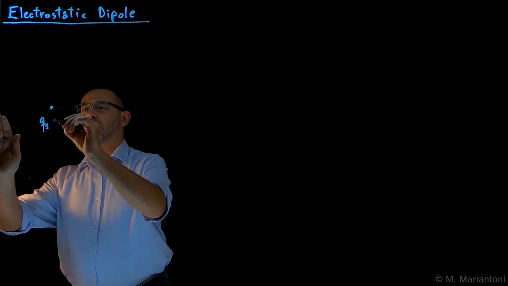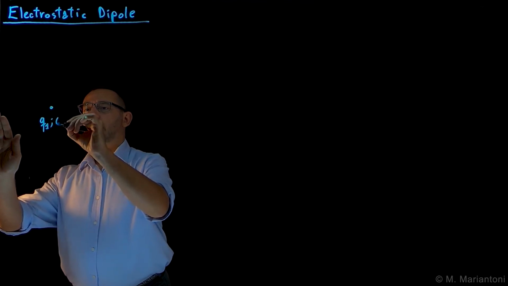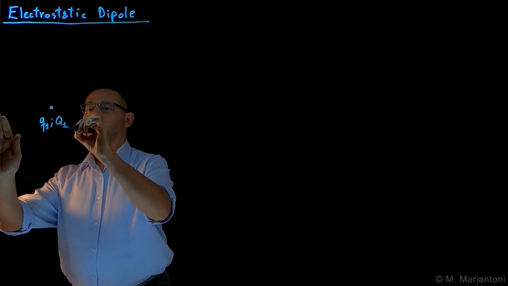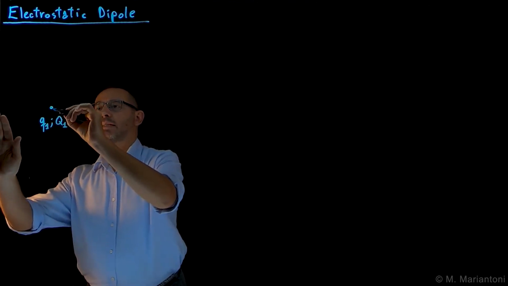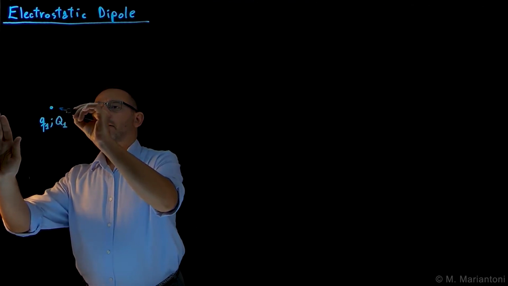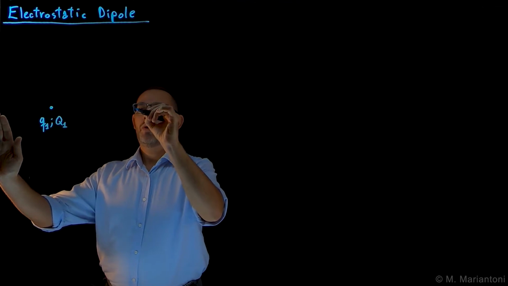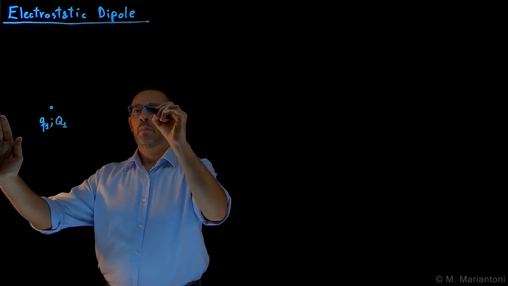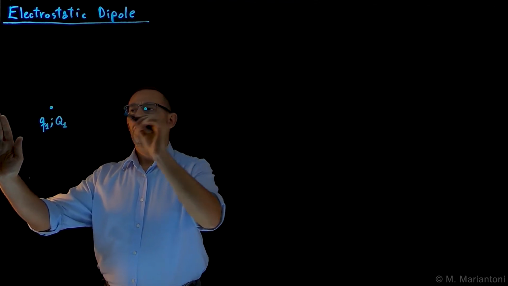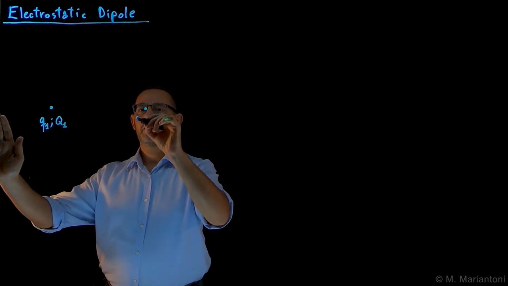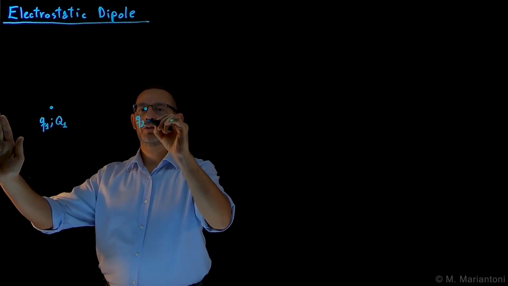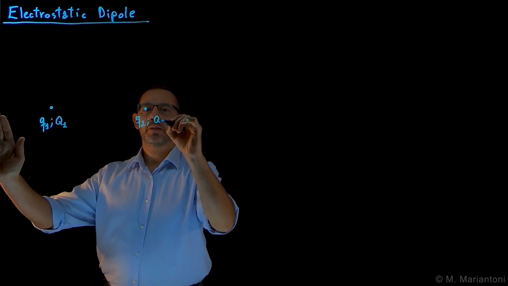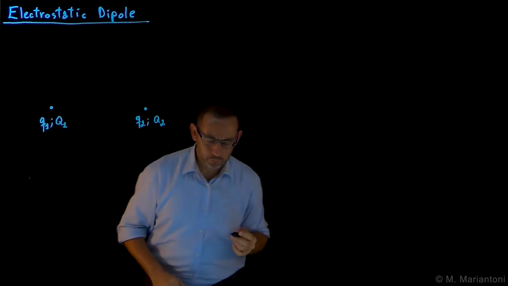This is the charge associated with this particle, and it is located at the location capital Q1. This is the point in space where it is located. Somewhere here, we have a second particle, small q2, this is the charge associated with it, located at the point capital Q2.